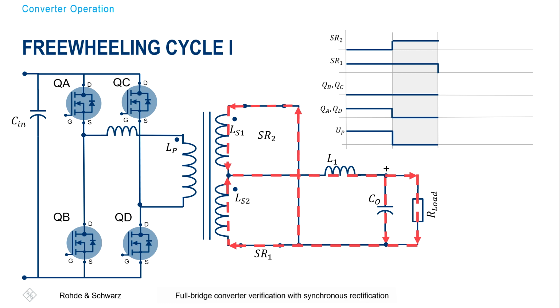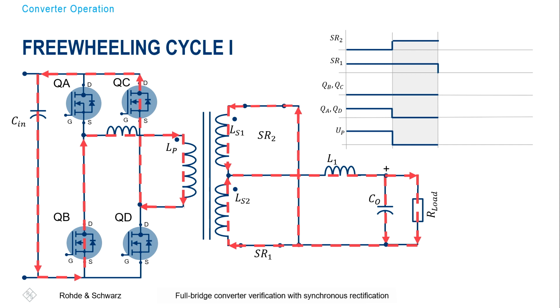We cannot avoid it. And that causes also a current flowing in the primary winding, and it flows basically through the body diodes of the QC and QB. So this is a kind of freewheeling process. That's why I called it freewheeling cycle 1.